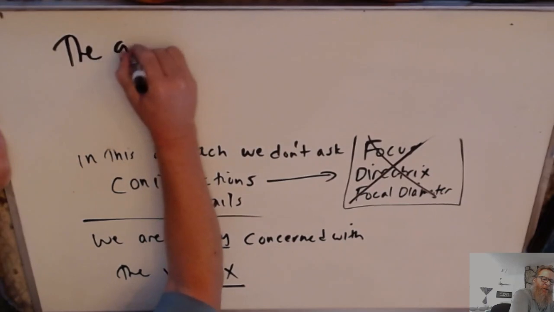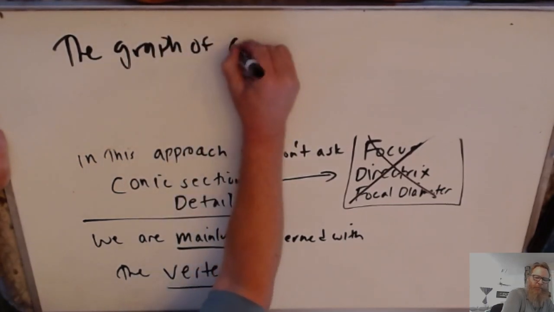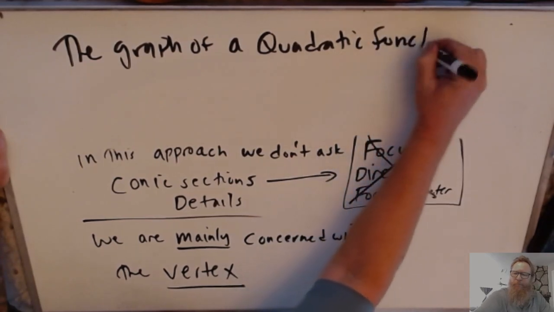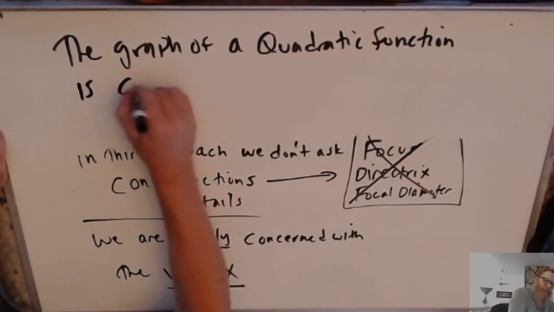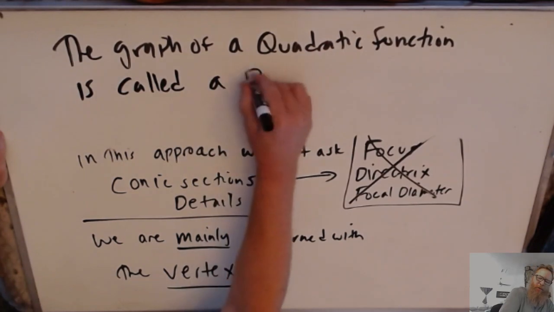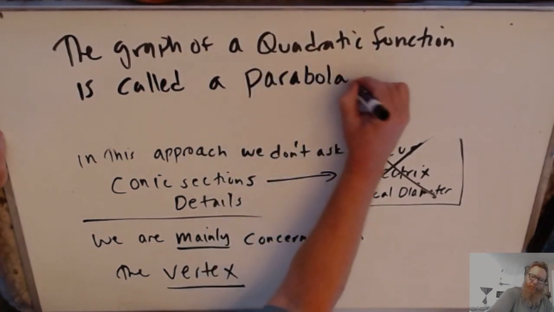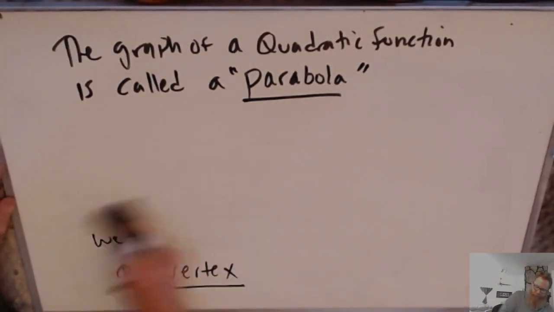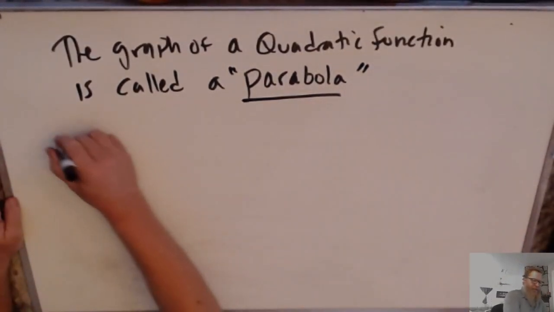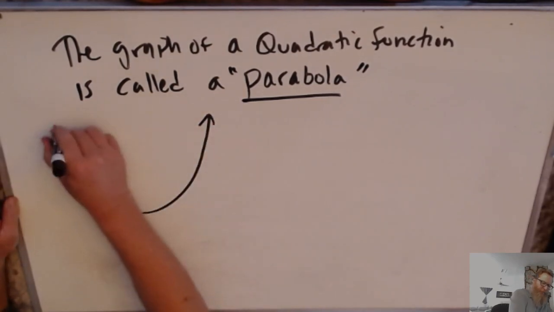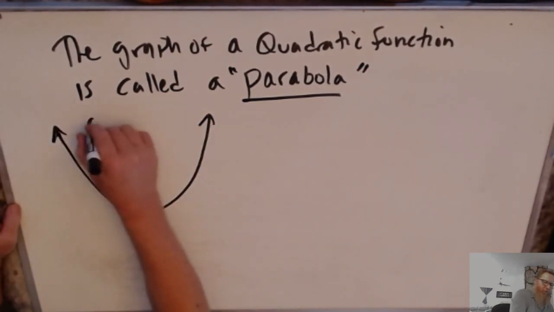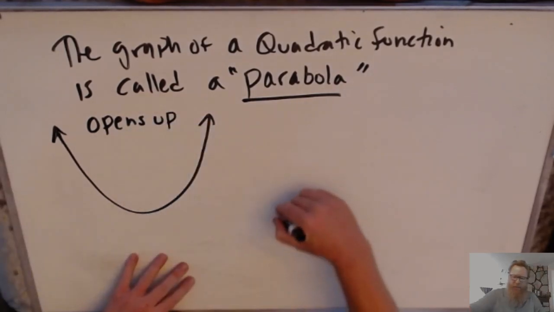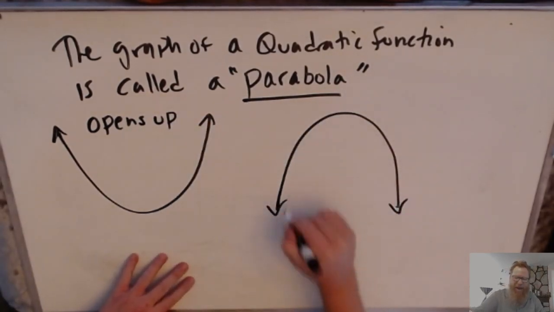The graph of a quadratic function is called a parabola. And there are two basic types of parabola. We call this opening up, called a happy parabola.